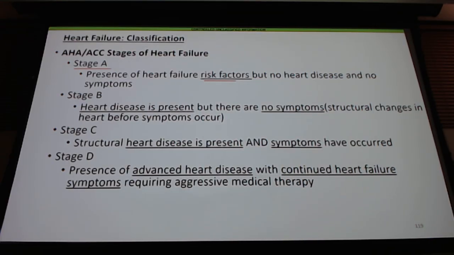If they are stage B, heart disease is present, so there's either a structural abnormality or a functional abnormality, but they do not have symptoms yet. Stage C is they have that heart disease that was present on stage B, but now they're having symptoms related to their heart failure. And then stage D is advanced, where basically despite all the medical therapies we have, they still have symptoms.